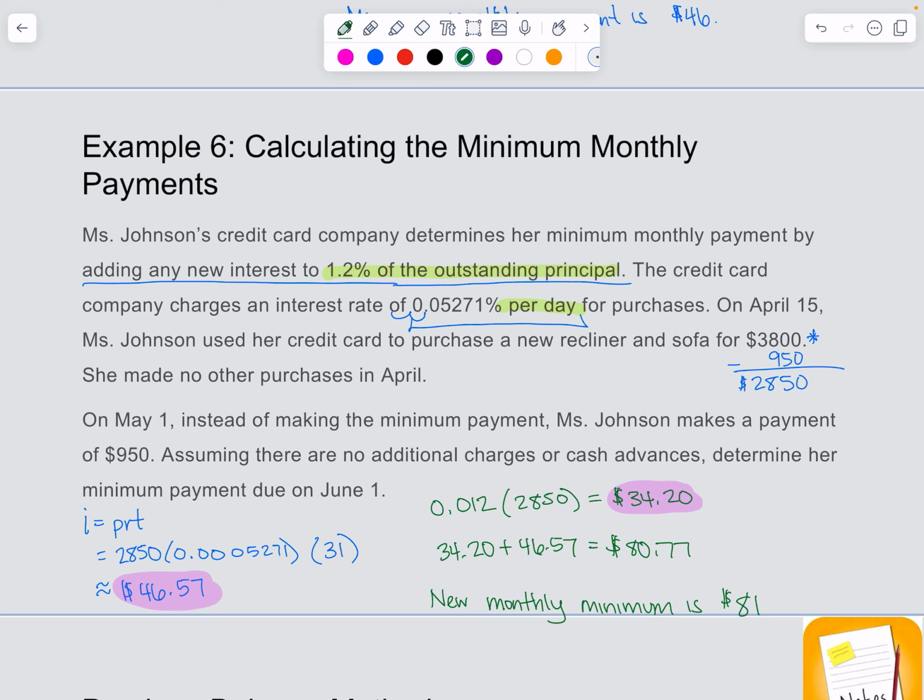So we found 1.2% of the principal, added it to the interest, and found the new monthly payment. Okay, it was a lot of steps. Go through it again if you need to, but we are just following what the credit card company has laid out. The company has laid out these as its terms, really, of how it's going to charge her and how much they expect her to pay every month.